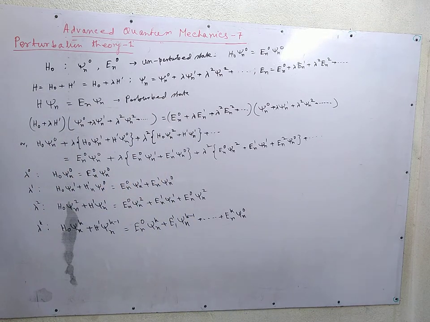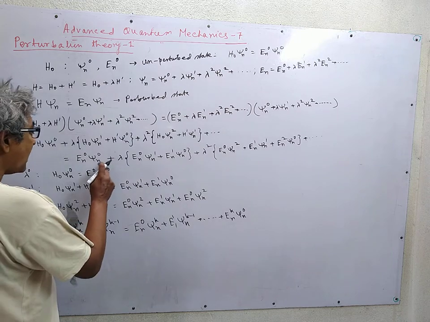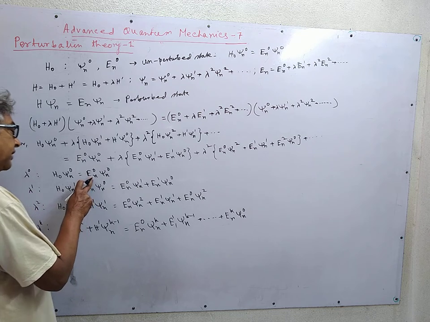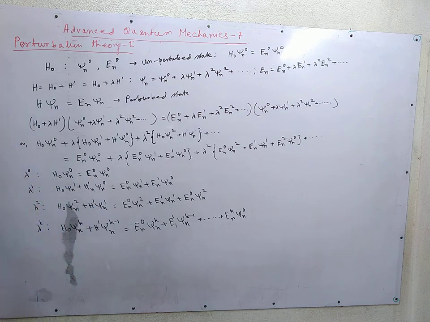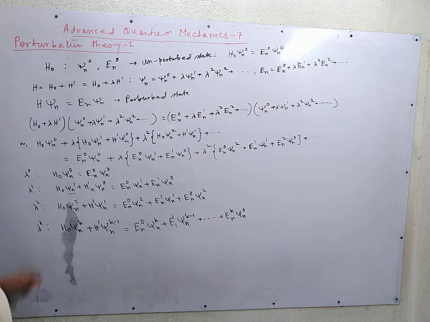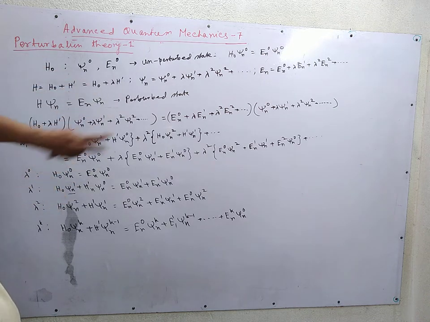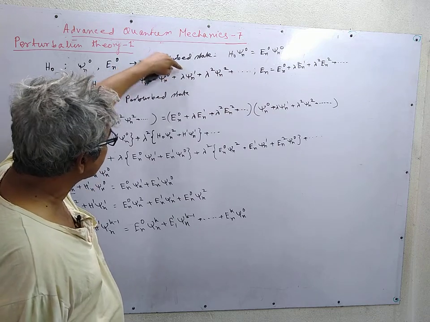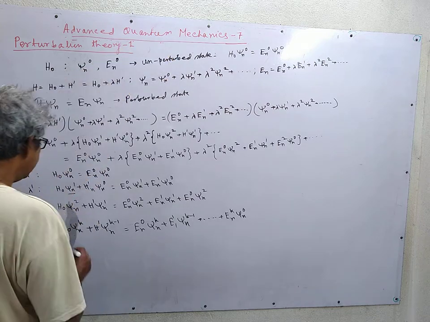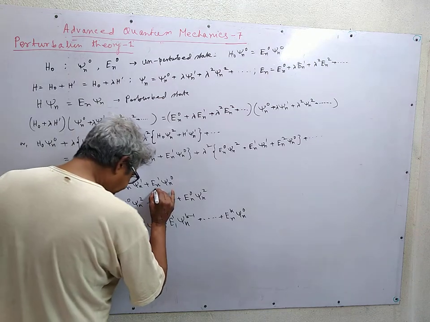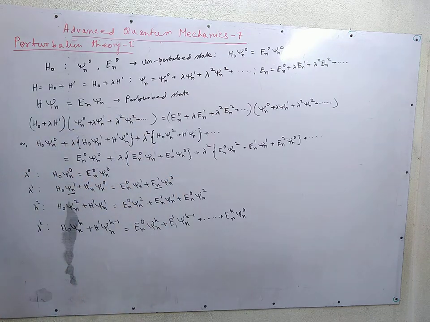Now this psi n0 is the unperturbed wave function, En0 is the unperturbed energy and H0 is the unperturbed Hamiltonian. This is the original unperturbed wave function. This is the first order correction to the total wave function, and this is the first order correction to the energy.